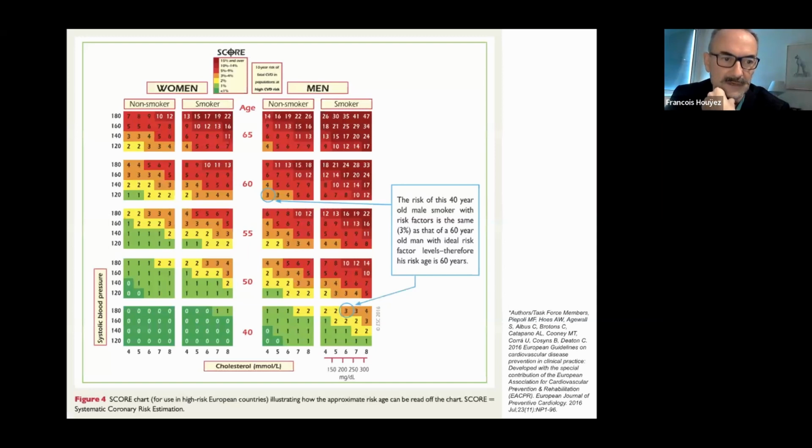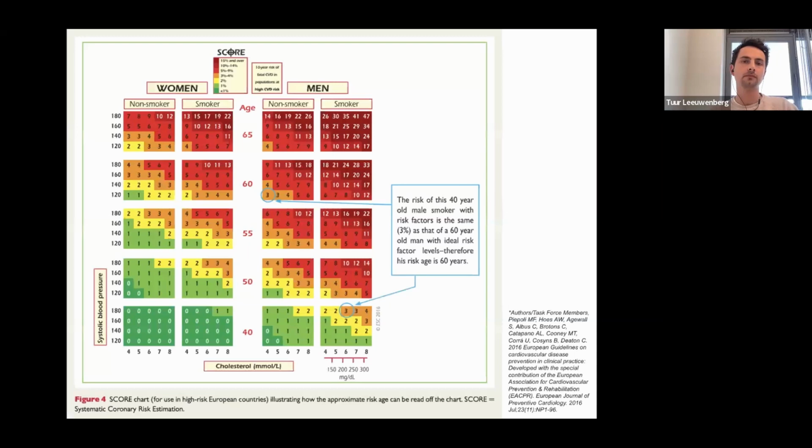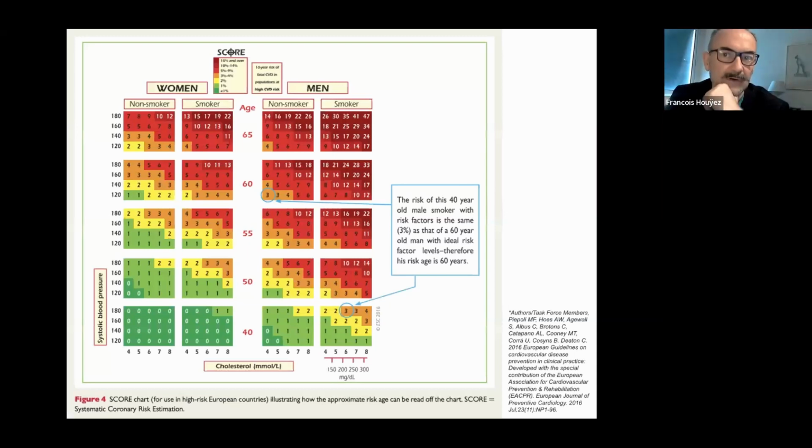So it's really the communication at the clinic. The models help to explain the different risks of doing something or not doing it.